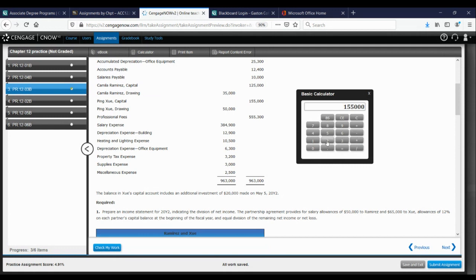So I'm going to subtract 20,000, and the beginning balance would be 135,000 for you. That 135,000 is going to be multiplied by 12% to get the interest on the original investment.